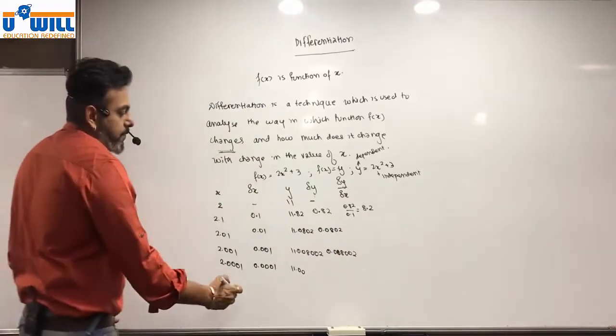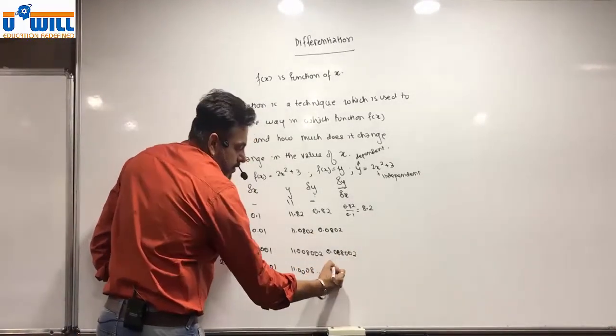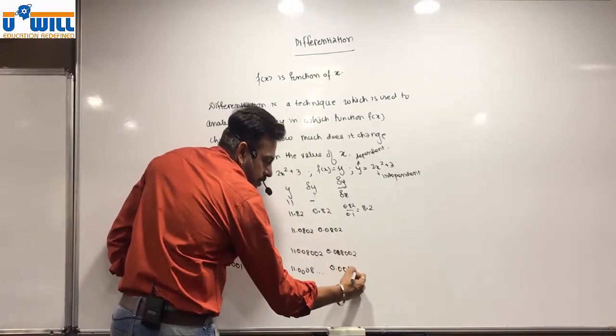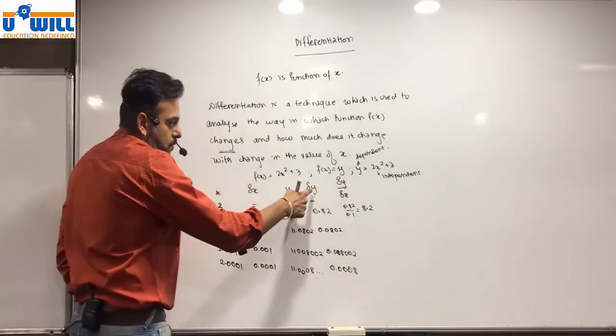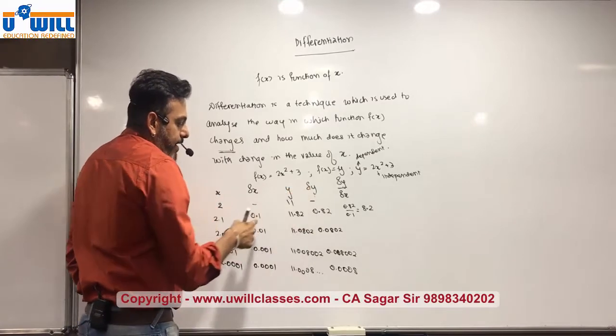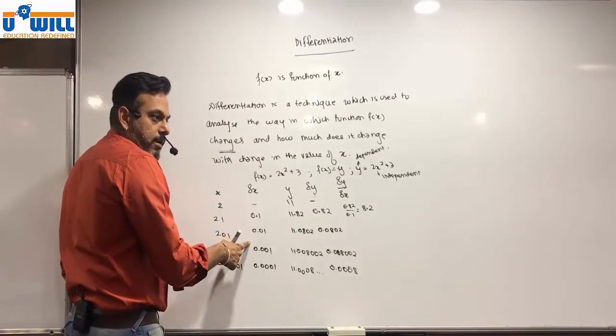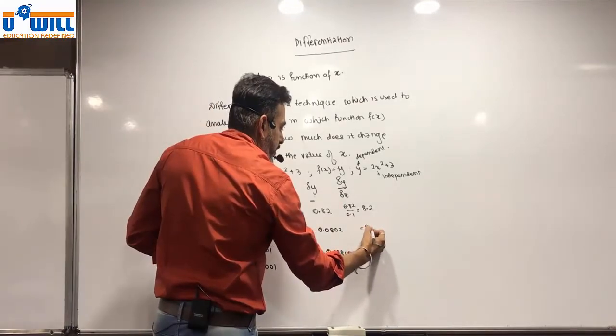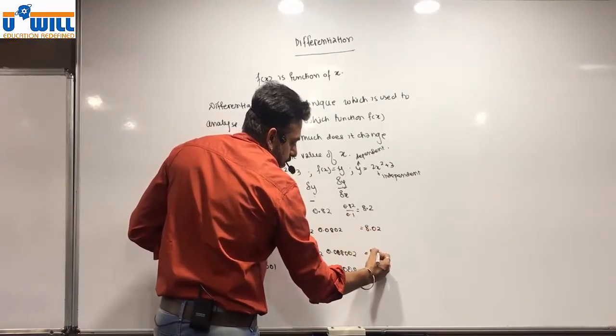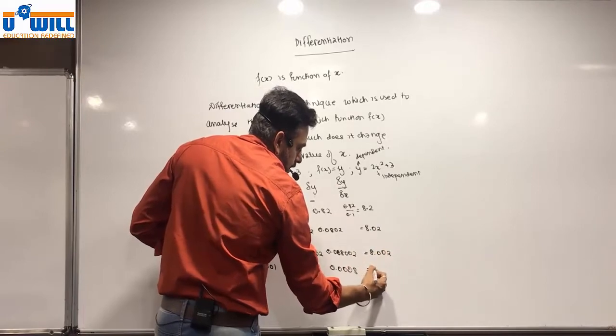Then 11.0008 and 0.0008. Now when we divide this, क्या divide करना है? Delta y upon delta x, delta y upon delta x, 8.02, 8.002 and 8.0002.